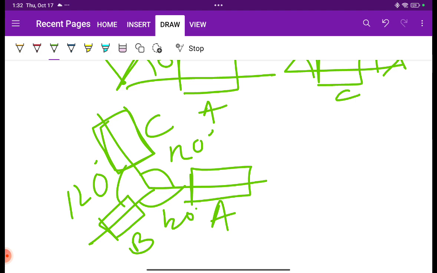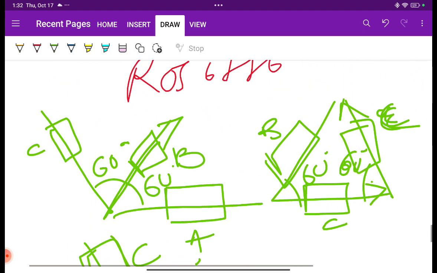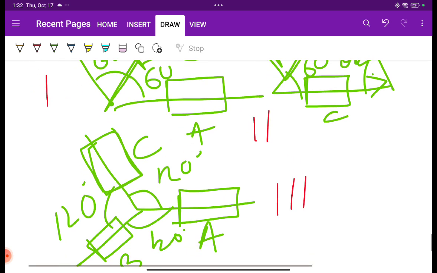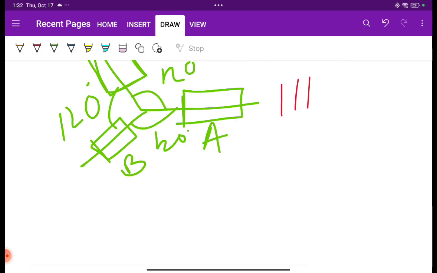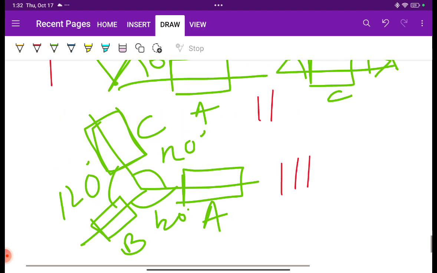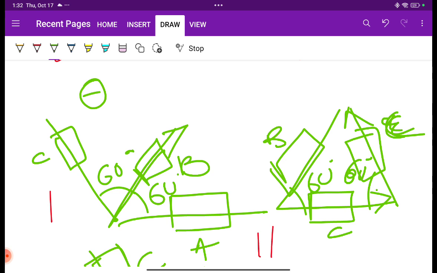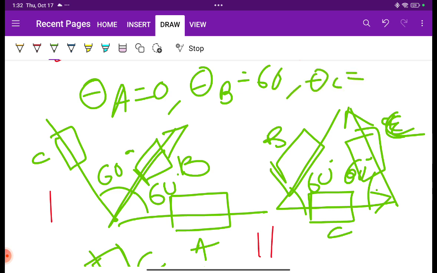So what you notice with respect to each figure, this is figure 1, 2, and 3. With figure 1, we notice that theta A, as you can see in this figure, is equal to 0, theta B is equal to 60 degrees, and theta C is equal to 120 degrees.